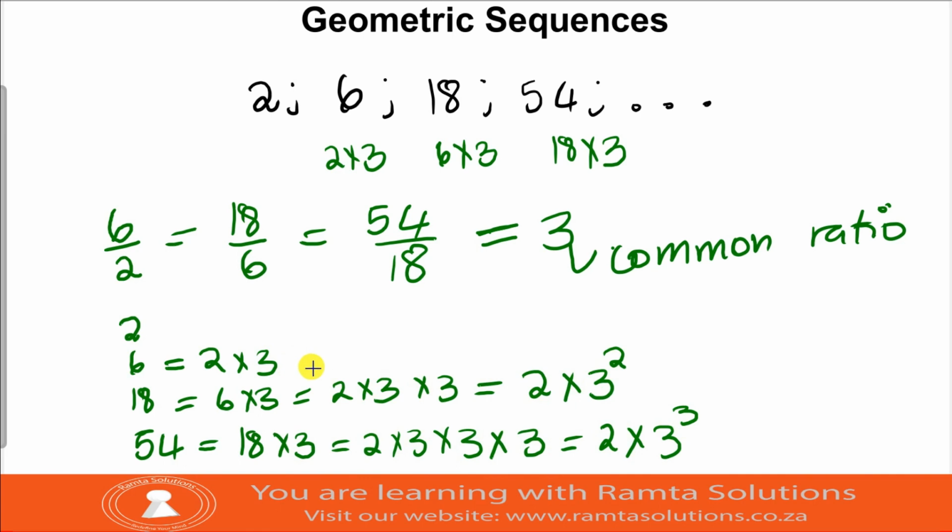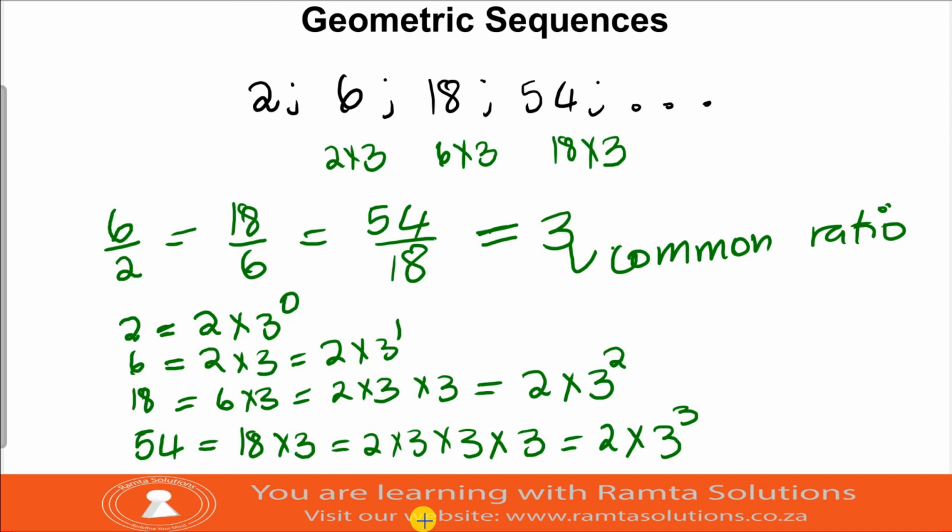And then here I have 3 to the 1, so I can leave it here. So this could be times 3 to the 1. And here I should say I have 2 times 3 to the 0. Can you guys see that? I have 2 times 3 to the 0.